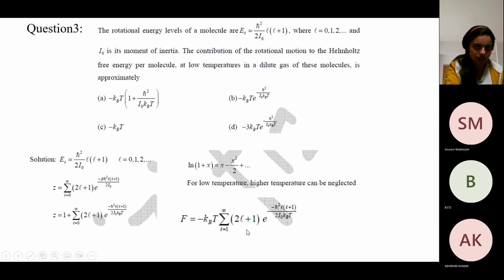So this is your expression for the Helmholtz free energy. Correct? This is clear till here?